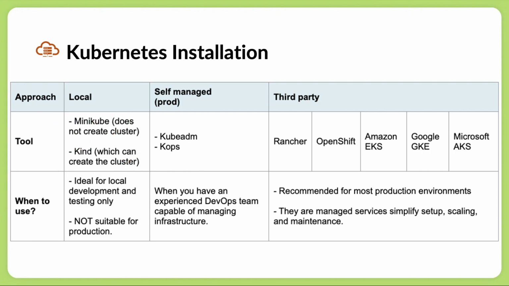Now, if you want to do a production installation, then you should be using either kubeadm or kOps, Kubernetes Operations. These are different tools that are available. Using these tools, you can do a vanilla Kubernetes installation on a production environment.